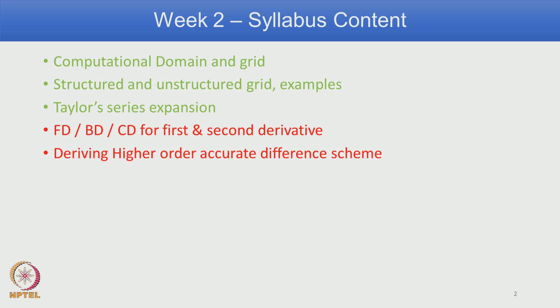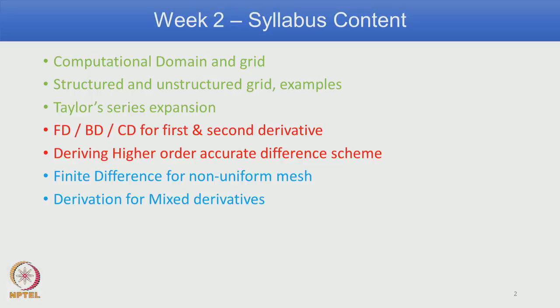In today's class we will take this to the next level of obtaining finite difference scheme for first as well as second derivative, and then how to obtain higher order accurate scheme, again by all the three methods, for both first as well as second derivative. After that we will move on to the remaining syllabus content in the subsequent modules.